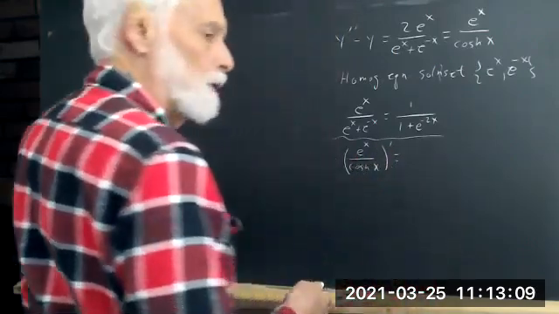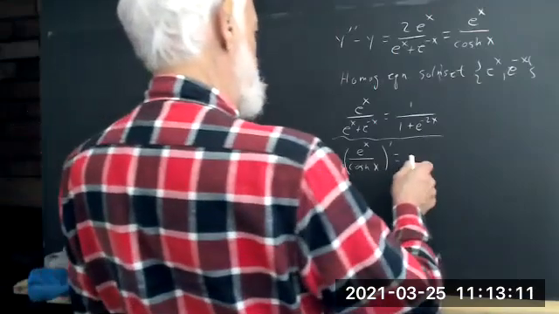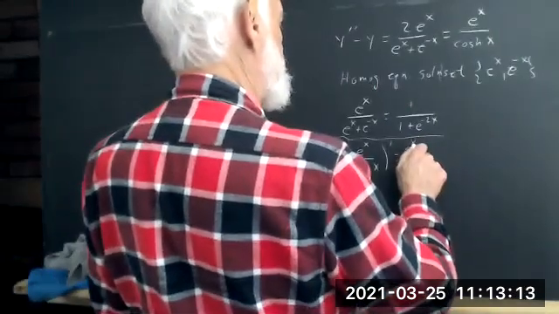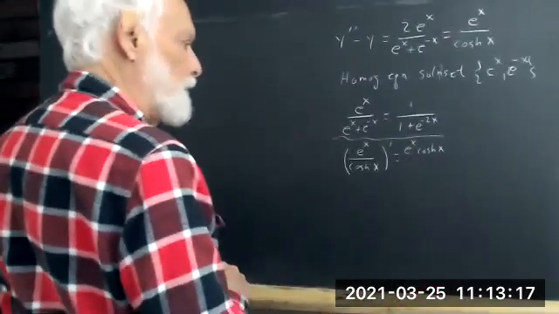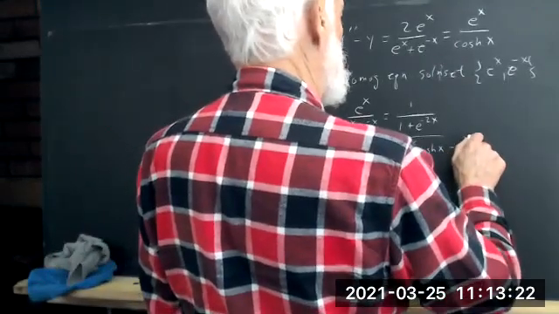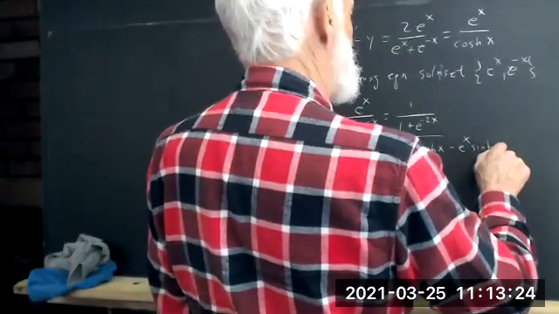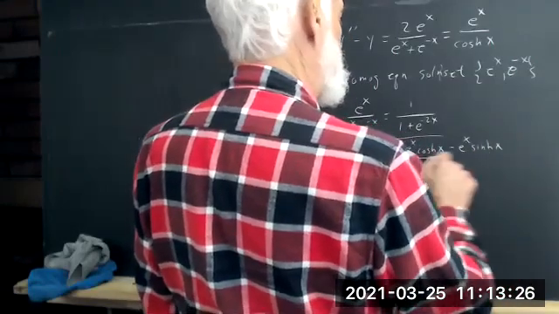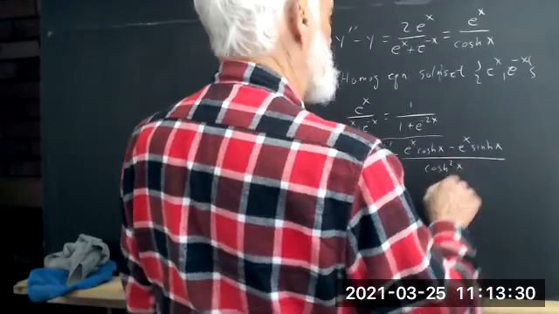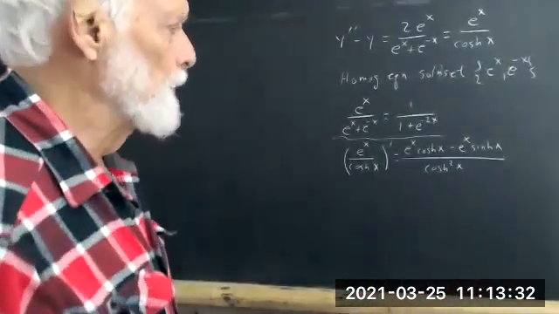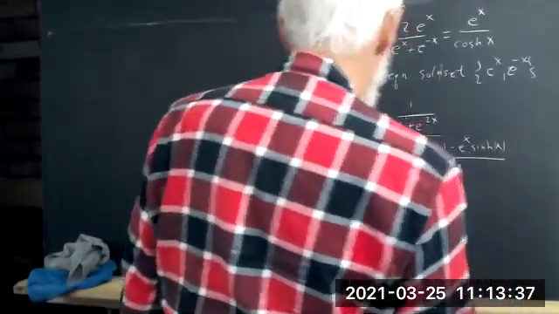Okay, by the quotient rule, this is going to be e to the x hyperbolic cosine of x minus e to the x hyperbolic sine of x over the square of the hyperbolic cosine of x.